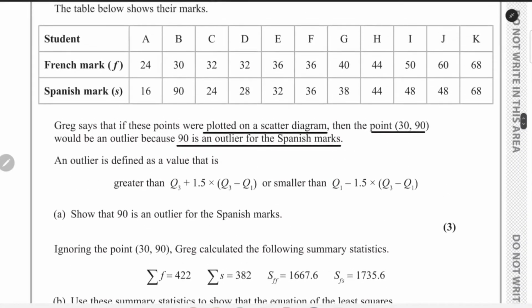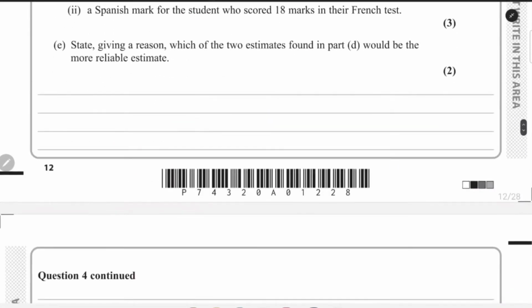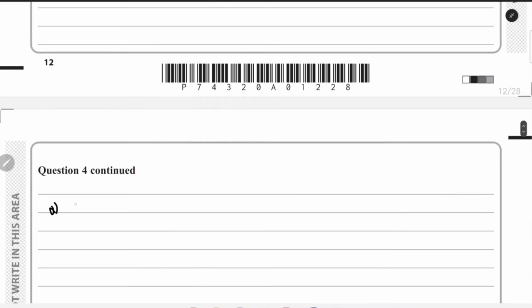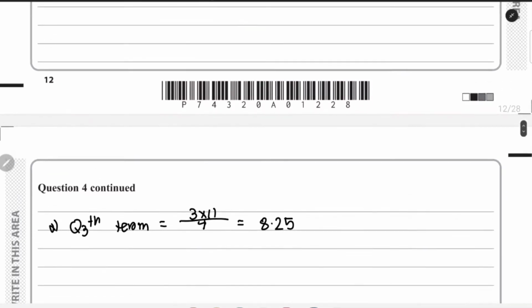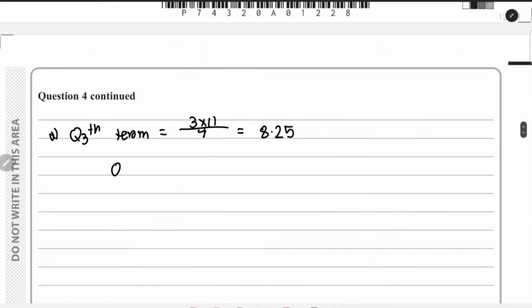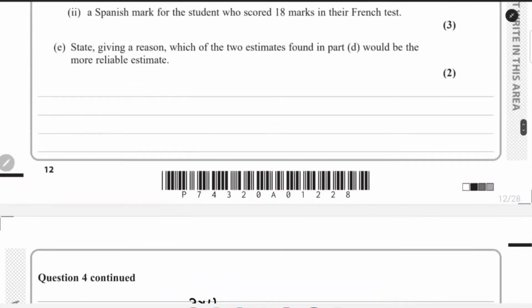So we have to find Q3 at first. Q3th term would be 3n by 4. So 3 into 11 by 4, which would be 8.25. So we need the ninth value. So the ninth value in ascending order of Spanish marks would be its upper quartile.